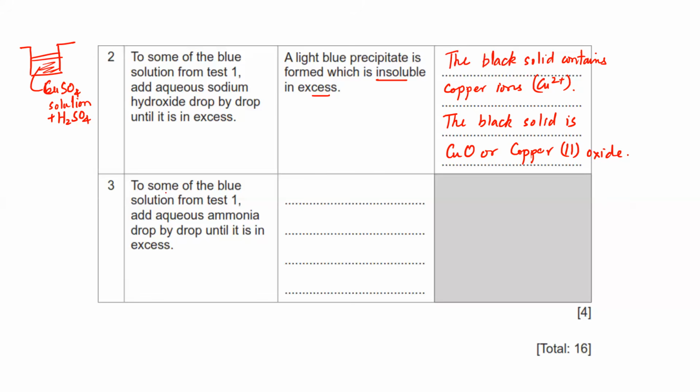Then to some of the blue solution in test 1, add aqueous ammonia drop by drop until it is in excess. So copper sulfate plus aqueous ammonia.